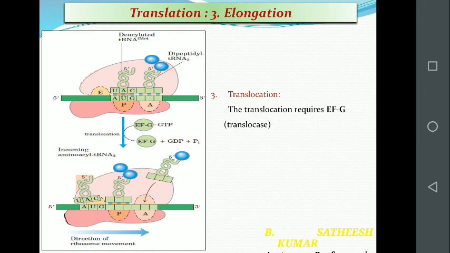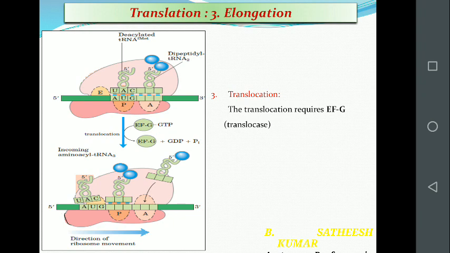So all the tRNA molecules shift their positions forward. Now the initiator tRNA enters the E site, the dipeptidyl tRNA enters the P site, and the A site is now ready to take another aminoacyl tRNA. This cycle takes place several times until all the codons have been read.